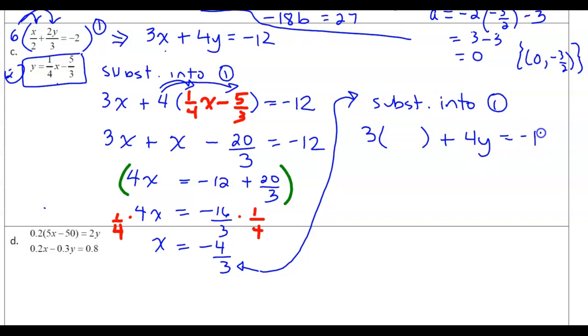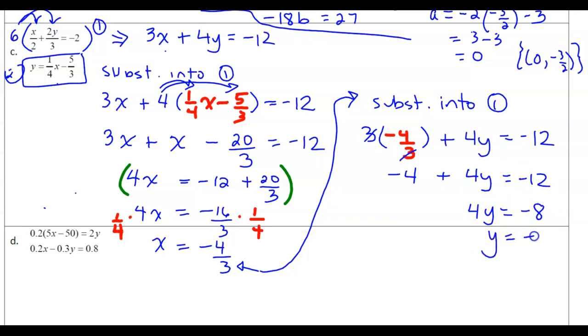And I put the negative 4/3. And you can see the 3's divide out. So I get negative 4 plus 4y equals negative 12. 4y equals, so I add 4 to both sides. That was going to be negative 8. So y equals negative 2. And then you just write it as an ordered pair, x and y.